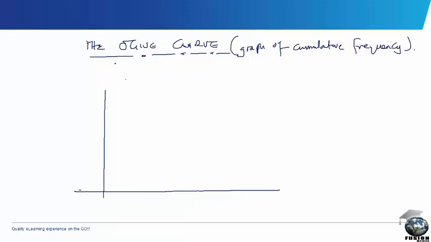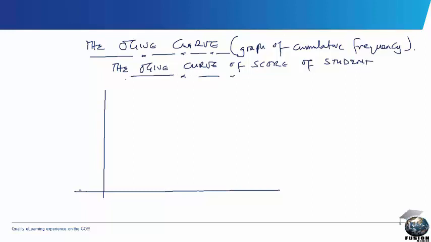So you can call this the OGIF curve of scores of students. But you can do better than this. Always try to find out the name of the curve you are plotting.